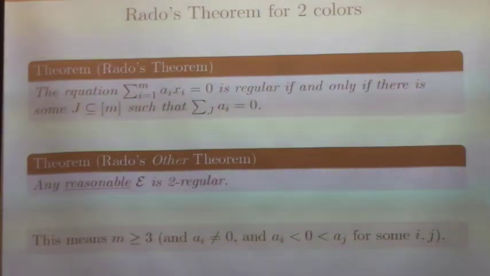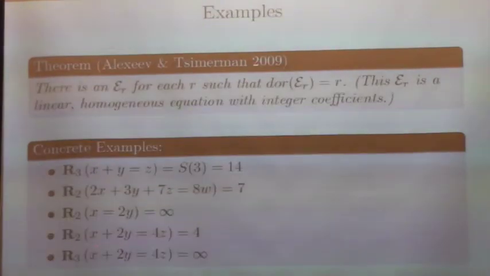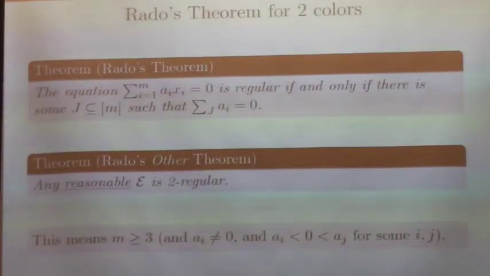And if m equals 2, then we're in a case like this one, and this will be infinity unless the coefficients are equal, in which case it will just be 1, because the solution 1, 1 immediately gets it.